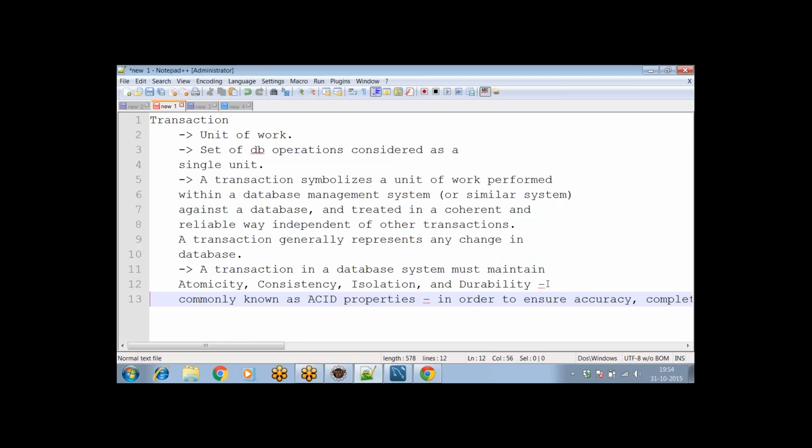So a transaction in a database system must maintain atomicity, consistency, isolation, and durability, commonly known as ACID properties, in order to ensure accuracy, completeness, and data integrity.